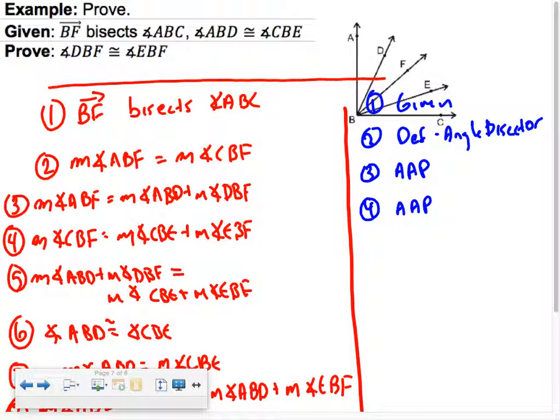Line 5, we can then substitute or use transitive, merging lines 3 and 4 together and plugging them into 2.